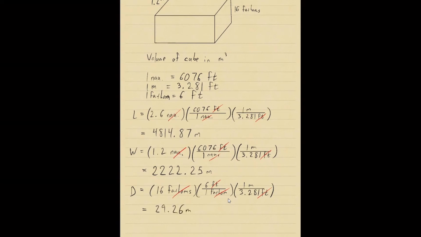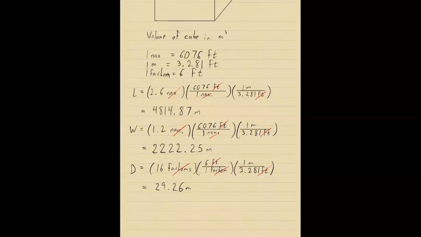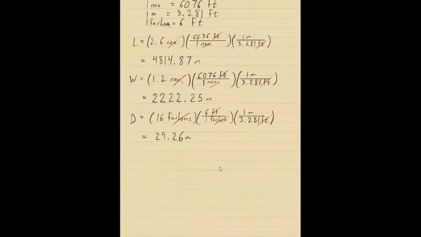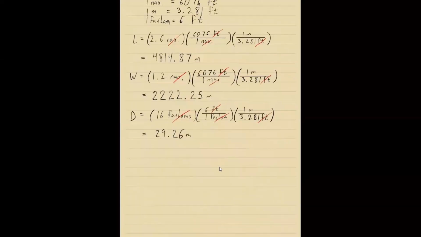So now we have our length, our width, and the depth of this cube in terms of meters. So if we multiply all three of these together, we get the volume of the cube in cubic meters. So let's do that. The volume of this cube is equal to length times width times the depth.